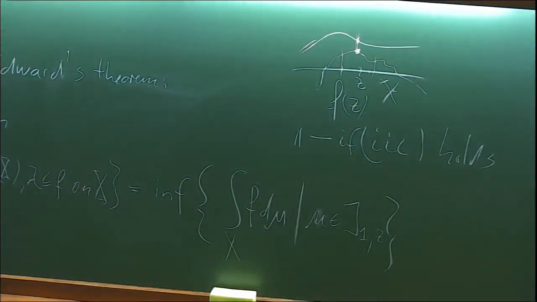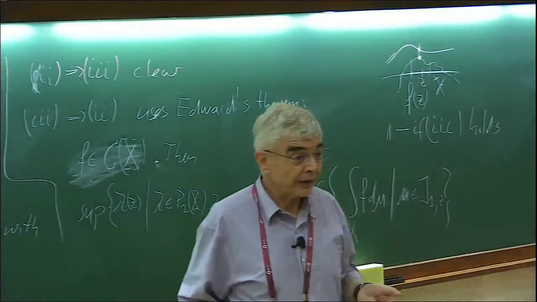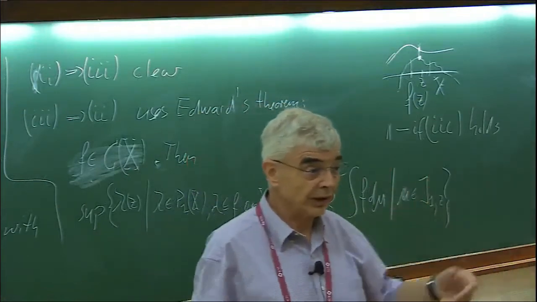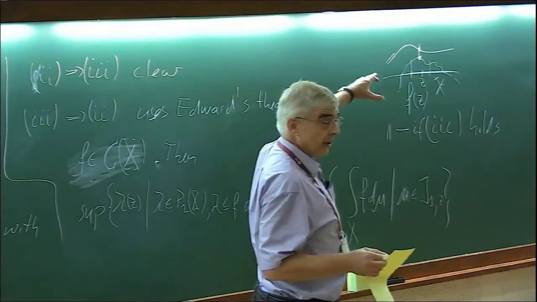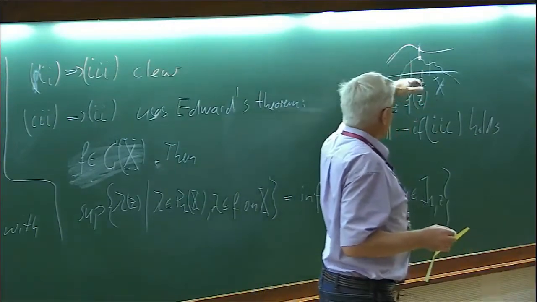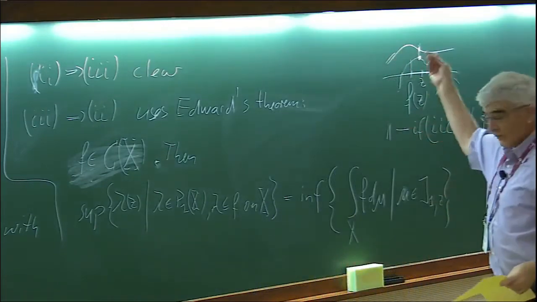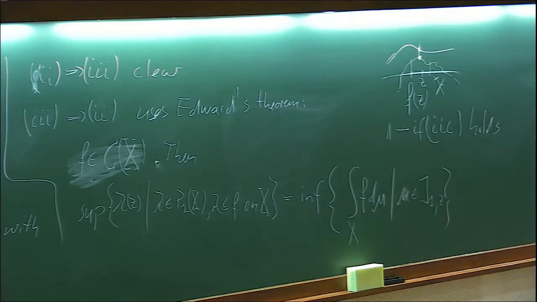But still, I can do this for every point. X is compact, so then I get finitely many of these neighborhoods. For each neighborhood, I have one of these lambdas. But now if I take the maximum over these finitely many lambdas, that's still a function in P1 of X, because the maximum of subharmonic functions is subharmonic, right? And that maximum is then going to be close everywhere from below. And it's not hard to see that the limit is actually uniform. Well, in fact, it comes out of this argument. Okay, so that takes care of that.